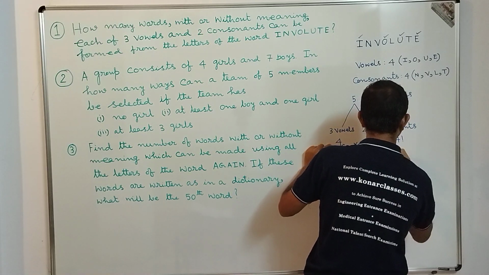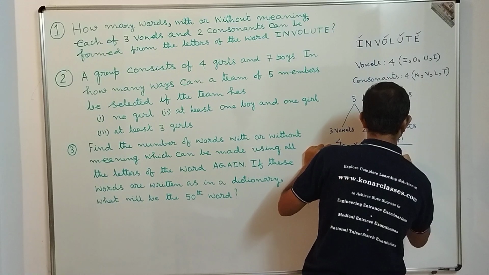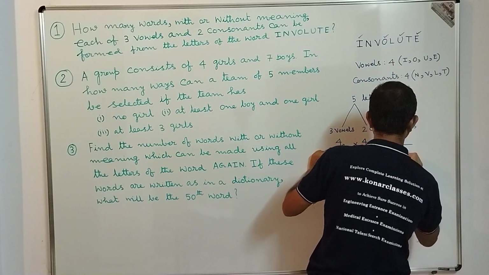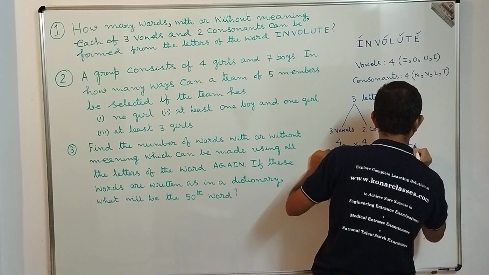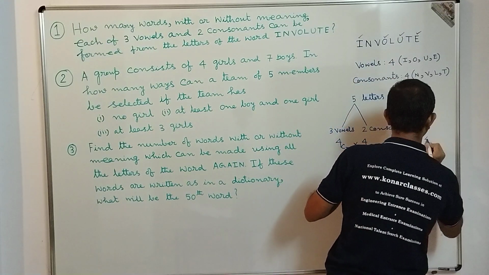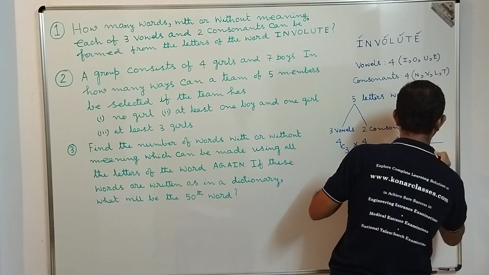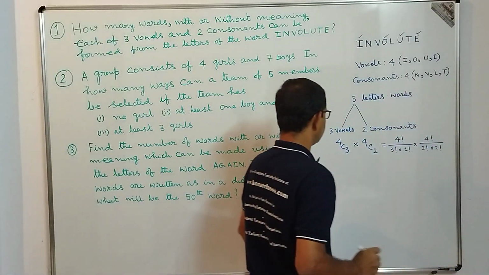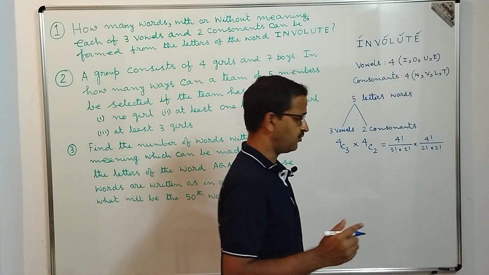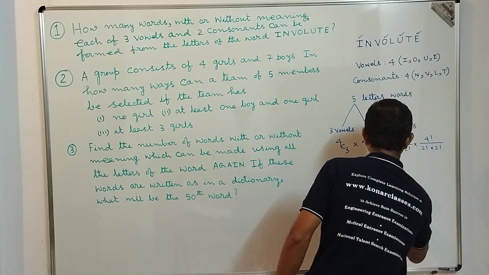4C3 is factorial 4 divided by factorial 3 into factorial 4 minus 3, that is factorial 1, into 4C2, that is factorial 4 divided by factorial 2 into factorial 2. So by the way, 4C3 is equal to 4. Then what we get here dear students?